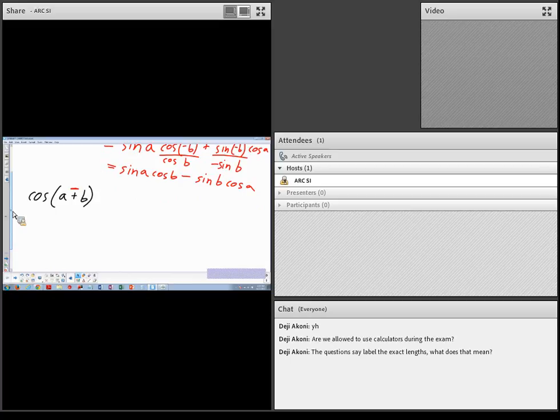So, you want this one too? Yeah, just to make sure. Isn't this one sine A, sine B? No? Because I know one of them is like that. Oh, okay. I also like to put my negative numbers later.